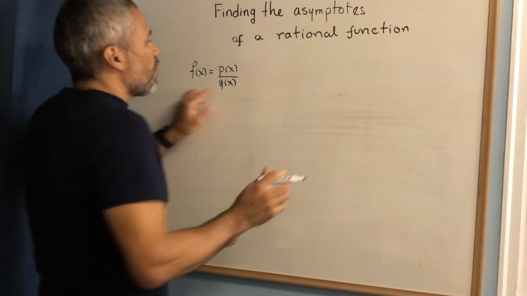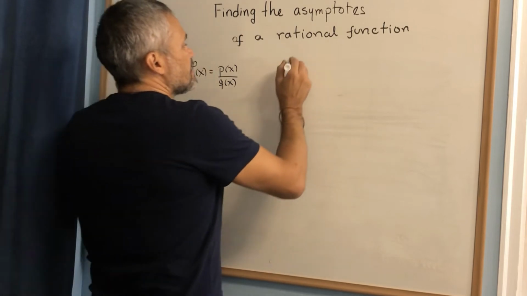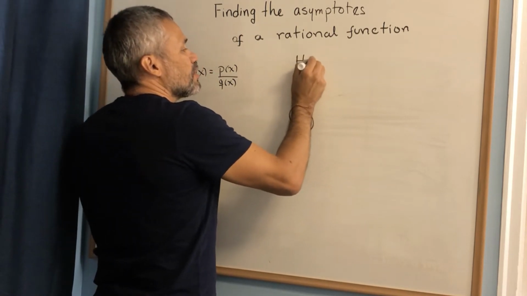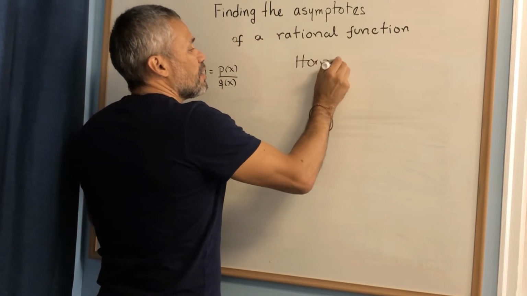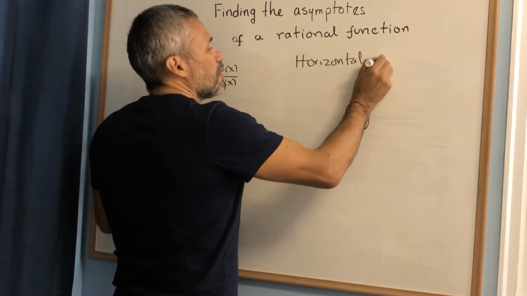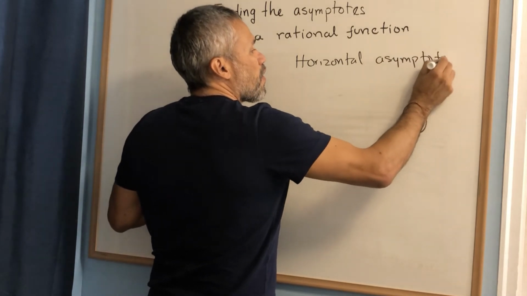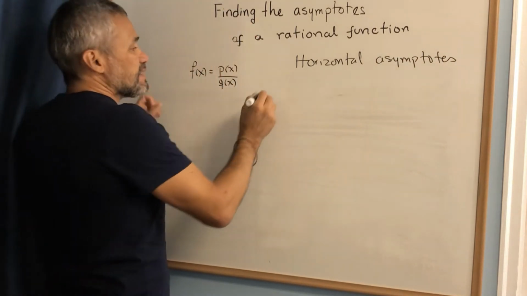Then horizontal asymptotes are easy. Let me just say the rules for horizontal asymptotes. Then we can see 3 cases.